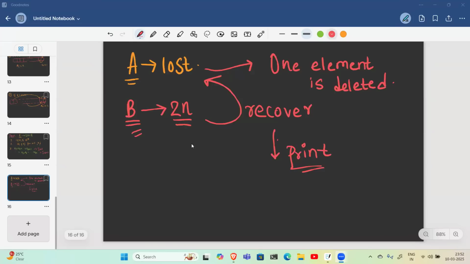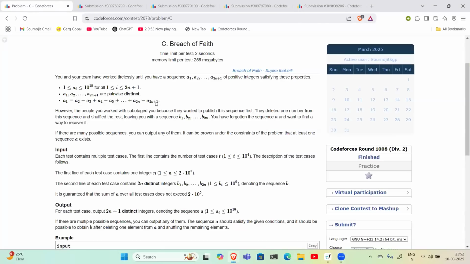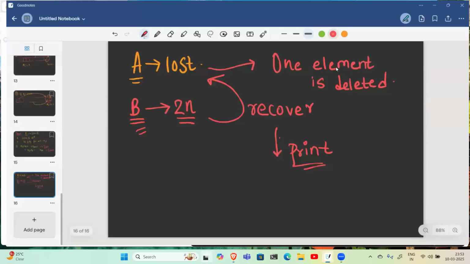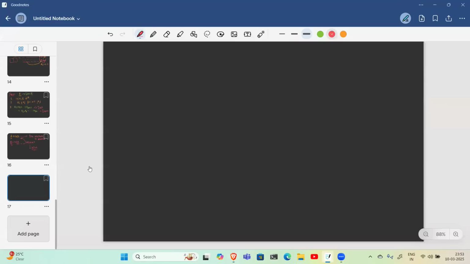Okay. And let me read the third condition. If you look at this expression, all these numbers which have a minus sign in front of them, take them to the left hand side. So the condition becomes A1 plus A3 plus A5, and it goes on till A2n plus 1.